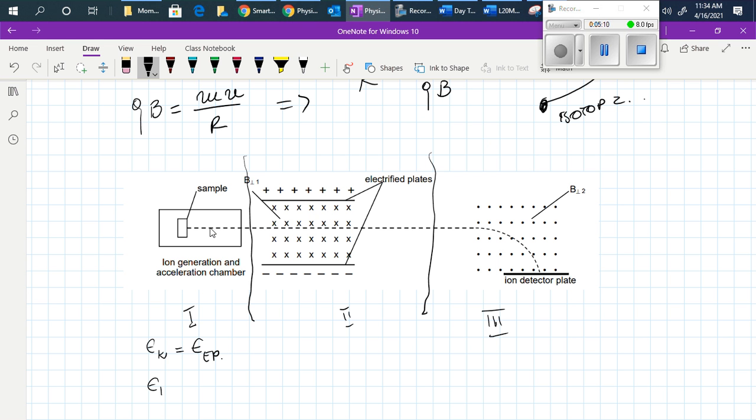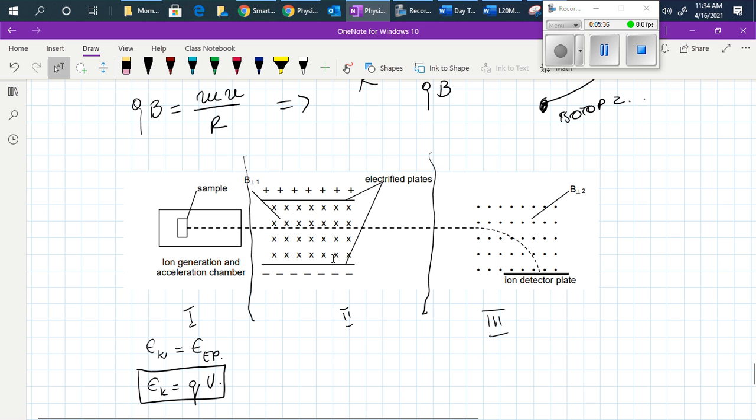So kinetic energy is equal to QV. We discussed this when we did the parallel plates, a charge entering parallel plates collinear with the electric field. You can refer to that video if you are still having difficulties understanding.